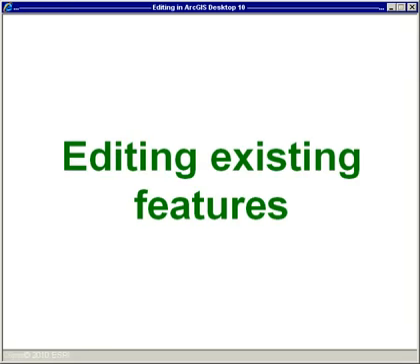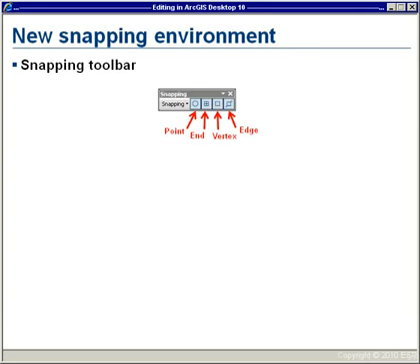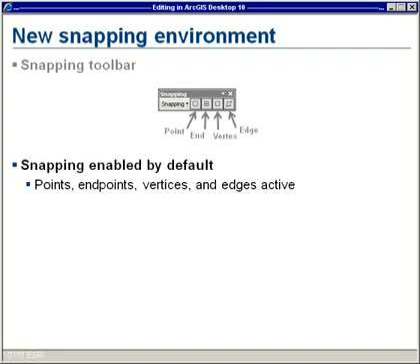So let's move on to our second topic for today, which is editing existing features. Remember earlier on we talked about the new snapping environment and the new snapping toolbar. All the settings that you need with snapping are now located on this snapping toolbar. You see we have the different types of snapping available here.